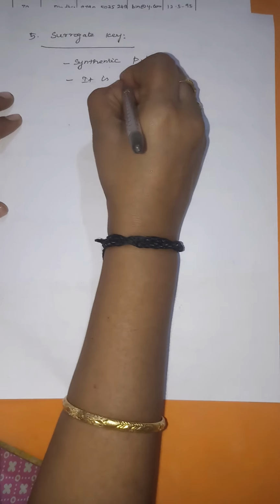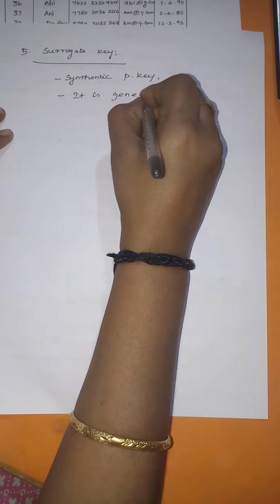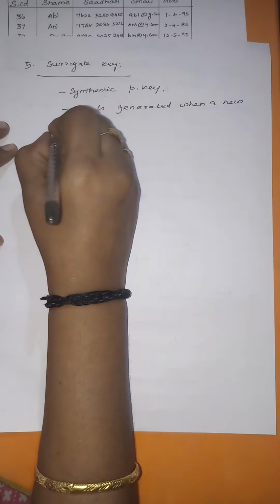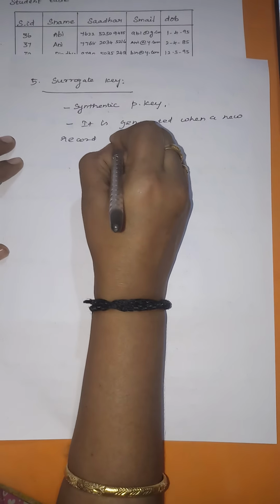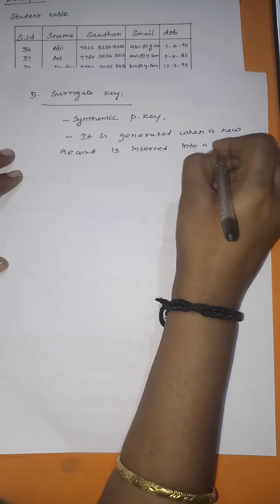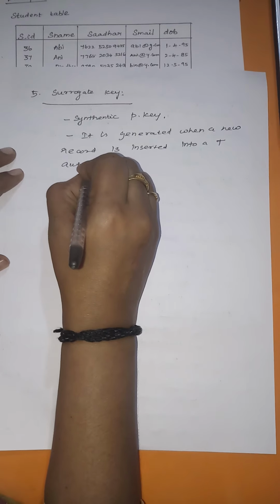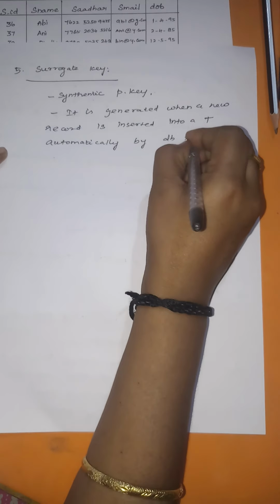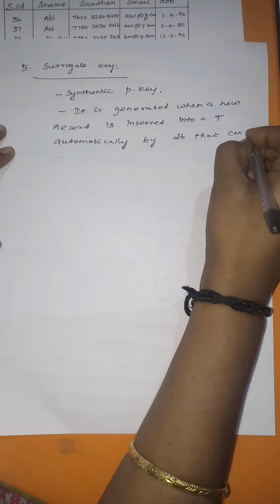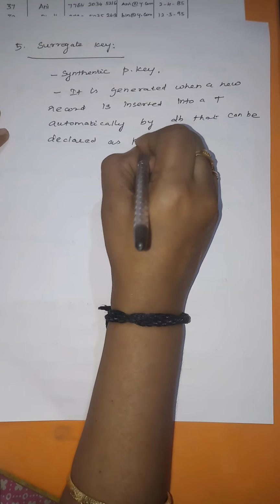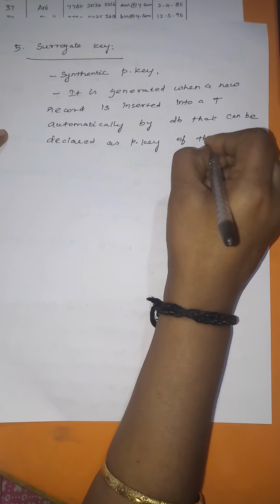It is generated automatically by the database when a new record is inserted into a table, and it can be declared as the primary key of the table. I will give the examples one by one.